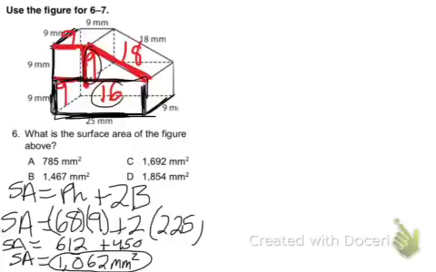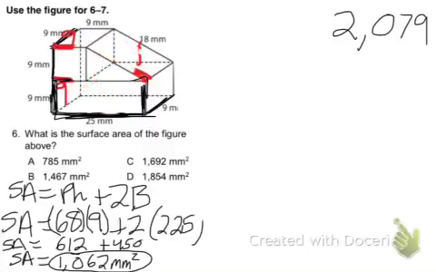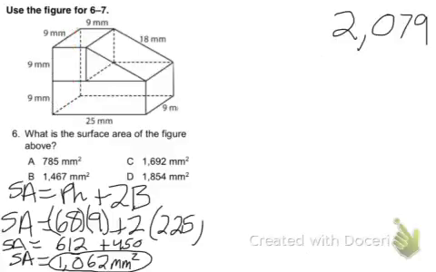With that number, we're going to need to subtract some things. So 2,079, we're going to put that over here. Now, we need to subtract, and I'm going to erase this so we can see the faces that are touching. I see this face that's touching, and I see this whole bottom is touching.